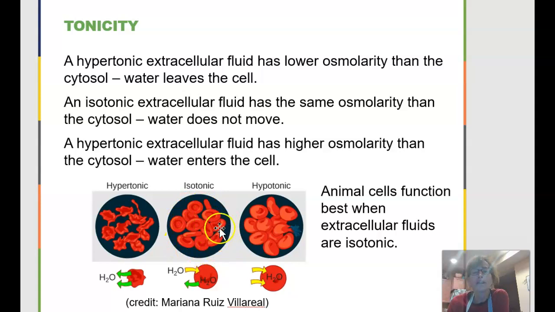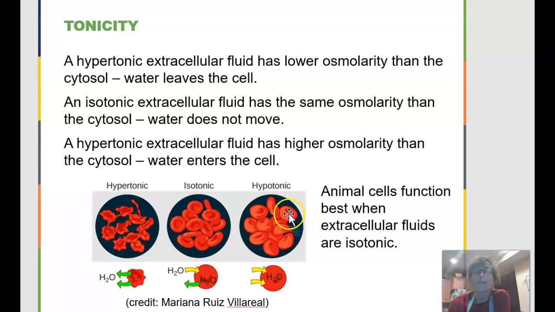Here, in an isotonic solution, these red blood cells are sitting here, and something that is iso, meaning the same, has the same dissolved solutes outside as inside the cells, then there's kind of an even exchange of it, and the cells stay their normal size and shape.